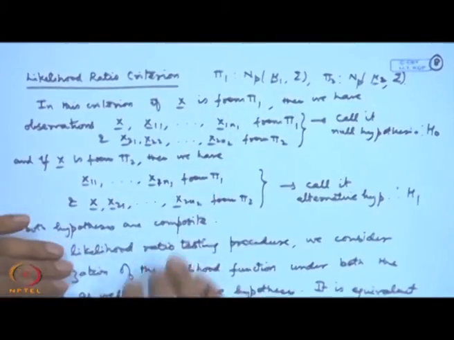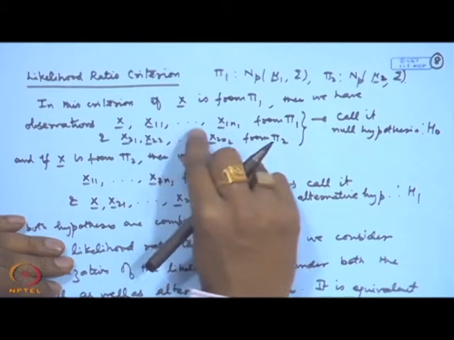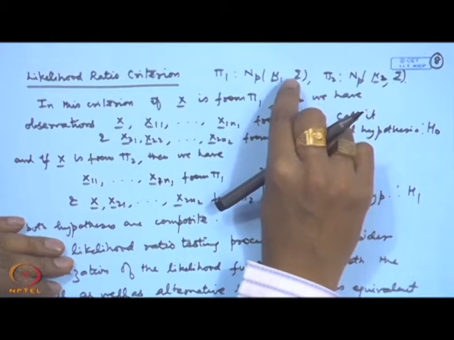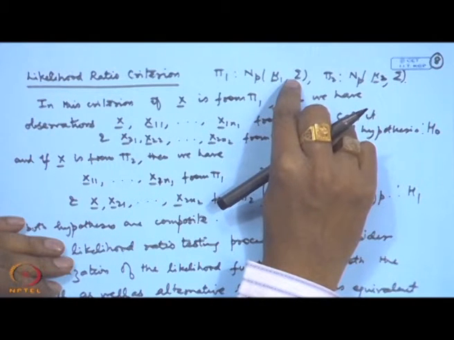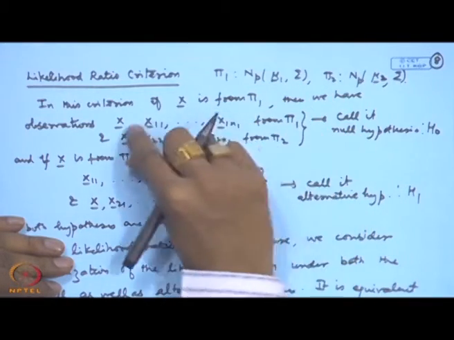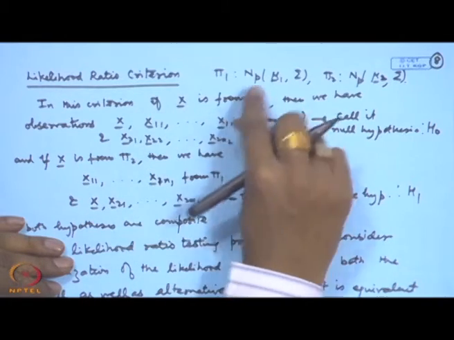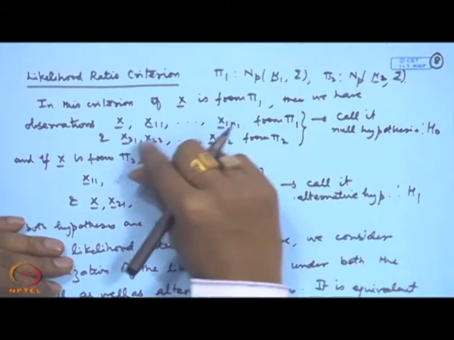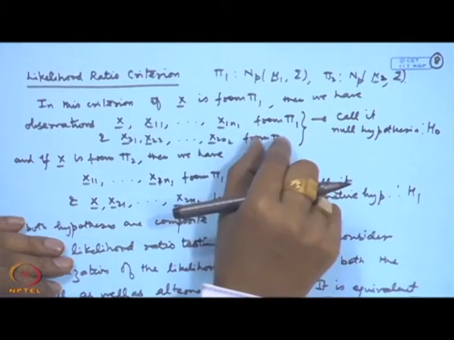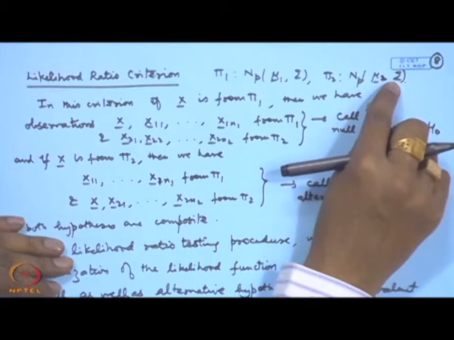you can look at this problem carefully. We are considering x 1 1, ..., x 1 n 1, the sample from N p (mu 1, sigma). So, when we write the likelihood function, it will be the joint likelihood function of n 1 plus 1 observations from this, and similarly the joint for the second one, it will be these n 2 observations from this.